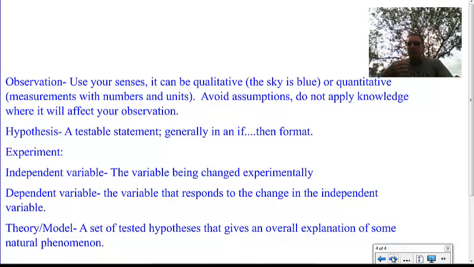Then you can call it a theory or a model that works with it. And again, those things aren't necessarily set in stone. As we will talk about using the atomic models as an example, many of these theories lasted for 50 years, 100 years before technology improved and things improved and somebody was able to continually test the hypothesis and things started to change.